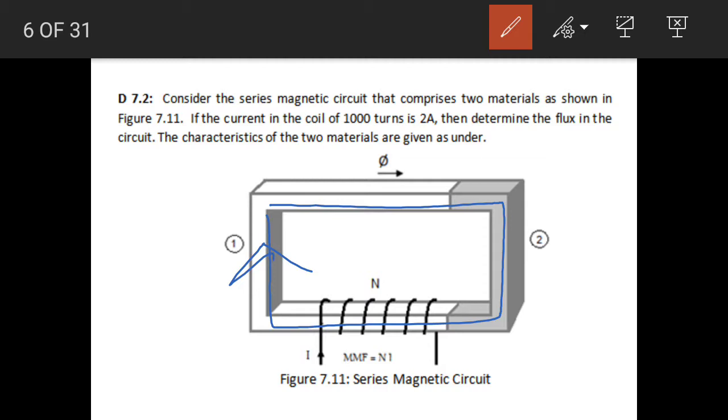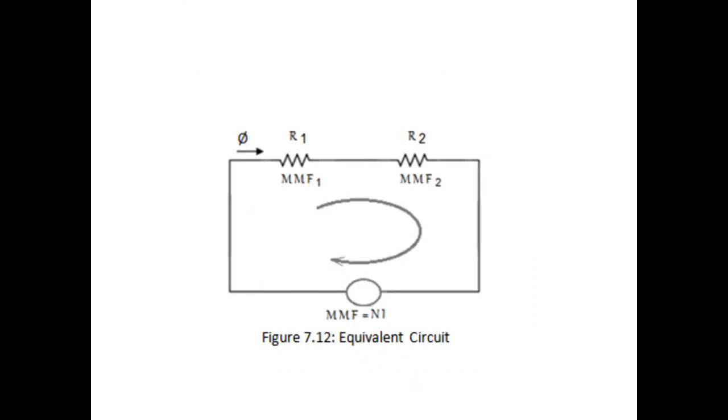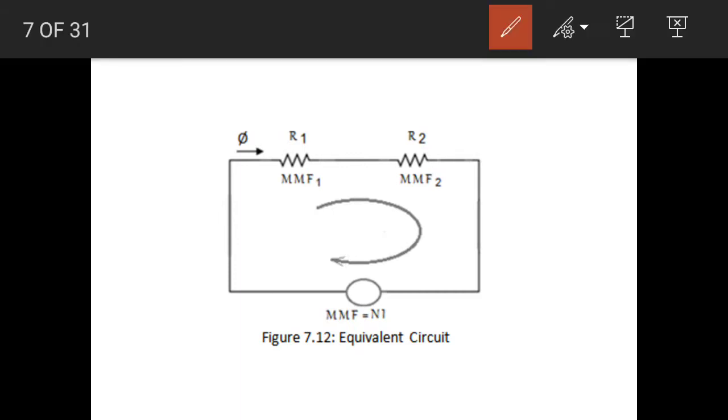So let us consider the characteristics of material number 1. First of all, we consider the equivalent circuit of the given series magnetic circuit. R1 represents the reluctance of material number 1, R2 represents the reluctance of material number 2, and you see these two materials are in series.